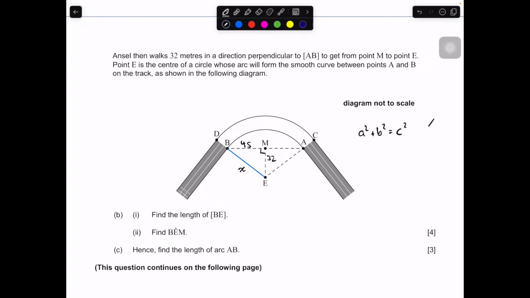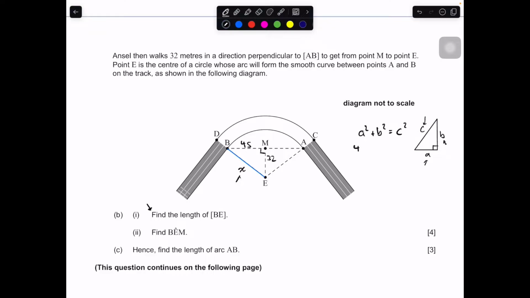And this actually is not given in the formula booklet, but if we have some right angle triangle, and this is A and this is B, this is our longest side. So what we're saying is the square of the two shorter sides, if we sum them or add them together, will equal the square of the longer side. And our hypotenuse is always the longest side. So let's go ahead and work that out to find the length of BE.